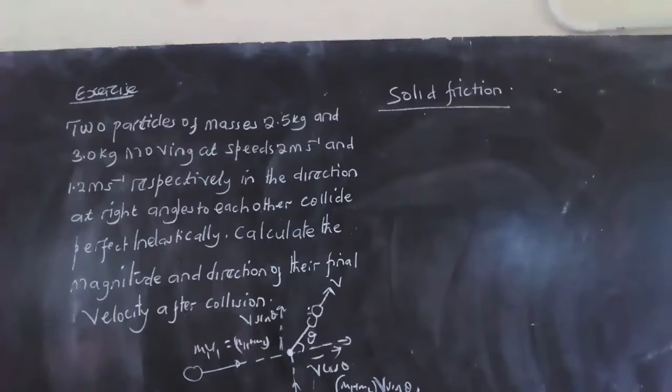Then we go to types of friction. Number 1, static. Static friction is the force that opposes motion between two surfaces that are about to slide over each other.